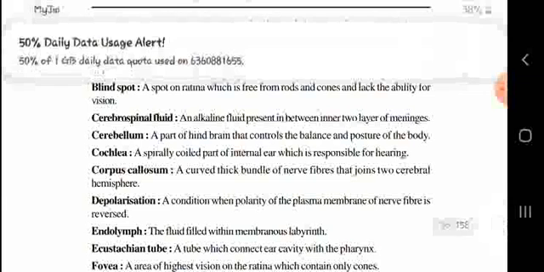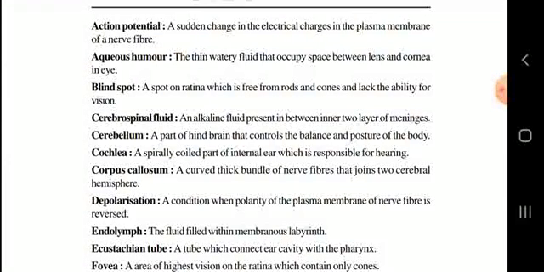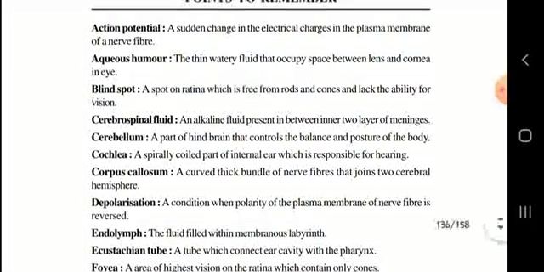Next, cerebellum. It is a part of the hindbrain that controls the balance and posture of the body.